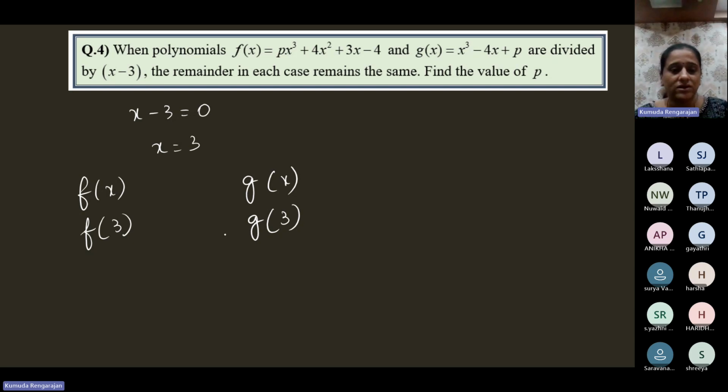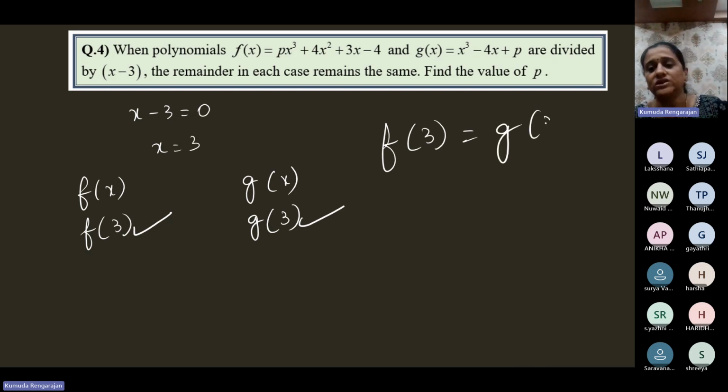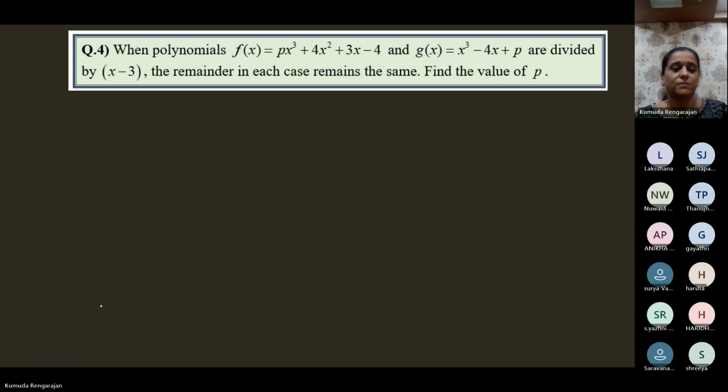Now what is given? This remainder and this remainder both are the same, which means f of 3 is equal to g of 3 is the equation. X minus 3 is the divisor polynomial equated to 0, so the value of x is 3.